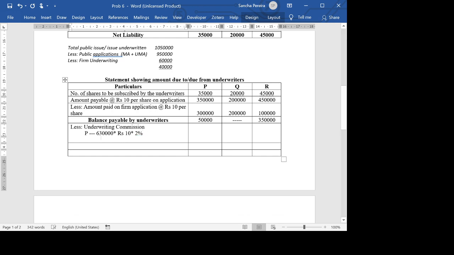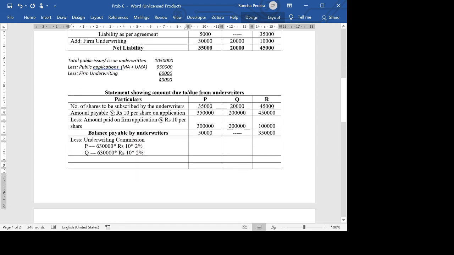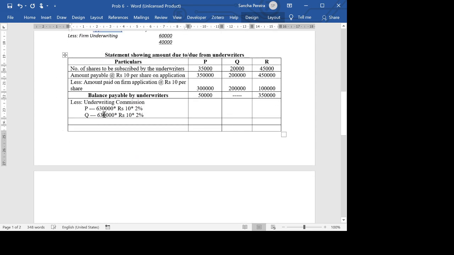Similarly for Q, we'll have to check the gross liability of Q. I think it is 2,10,000. Yes, 2,10,000, and R is also 2,10,000.